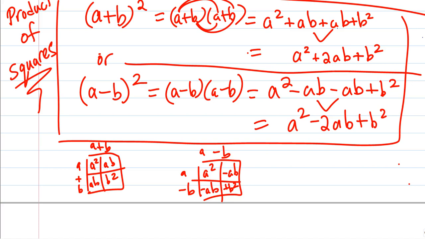And when I set up the area model and I do a plus b times a plus b, we are finding the area of this square. How do I know it's a square? Because all of the sides, a plus b, are the same. This is also a product of squares. This is a square because it's a minus b times a minus b. So that's another reason why we call it, when we multiply something by itself, we are squaring it, because literally, visually, it creates a square.